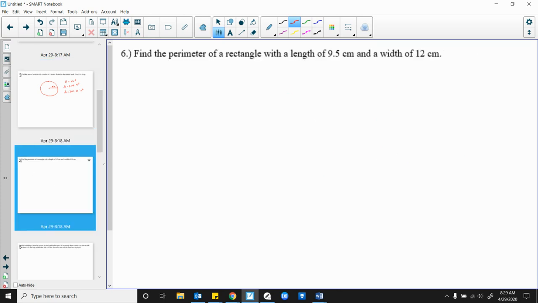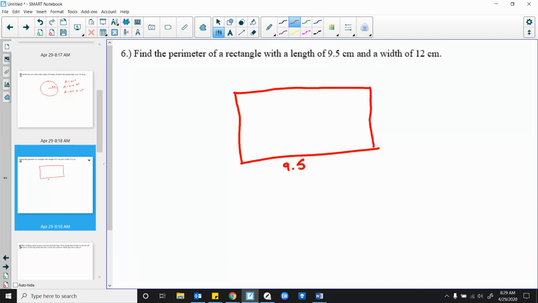All right. Question 5. Find the perimeter of a rectangle with a length of 9.5 and a width of 12 centimeters. Okay. Well, if my length here is 9.5 and my width here is 12, okay, no, it's not drawn to scale, but you get it. I know that this has got to be 12, and this has got to be 9.5.